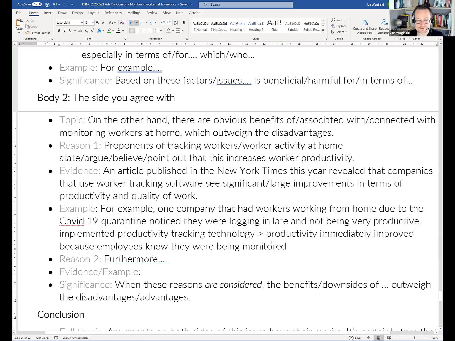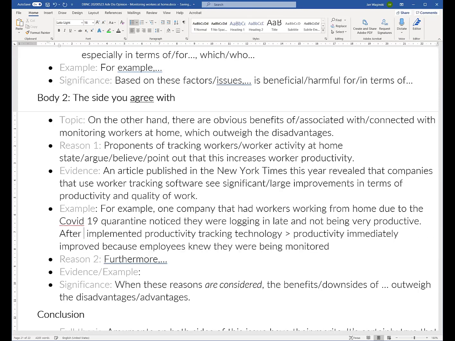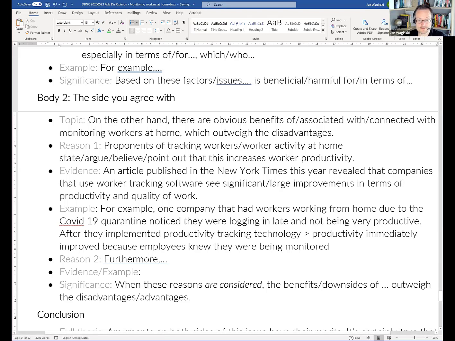Okay, now what about the rest of it? After they use the software tracking. After they implement. Implement is a very good word. It means put something into practice. Okay.